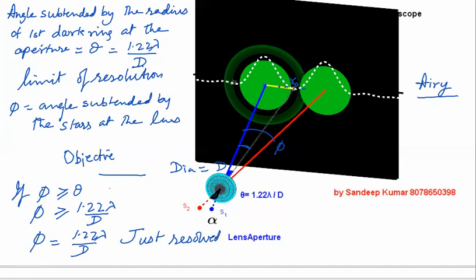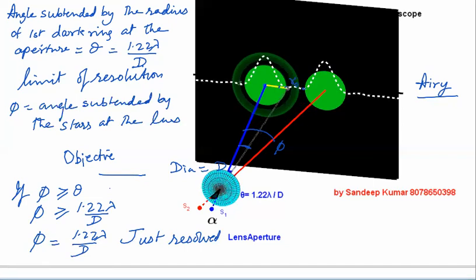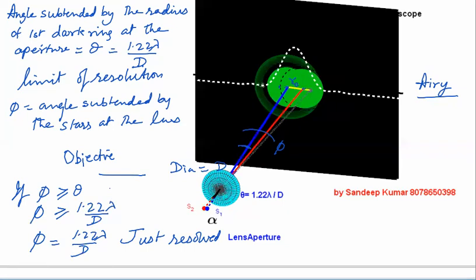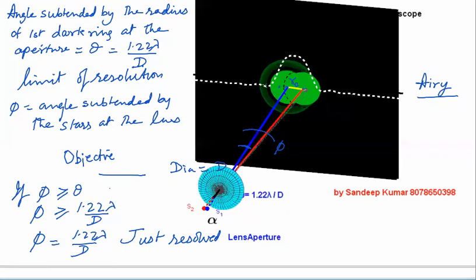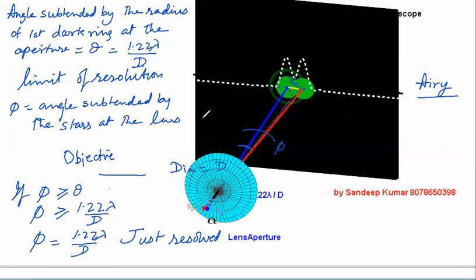So take the bigger lens, and they are well resolved. Even if the stars subtend a very small angle, the bigger lens will serve the purpose because it will produce smaller diffraction patterns, keeping the first minima out of the center of the image of the first star. That's it.